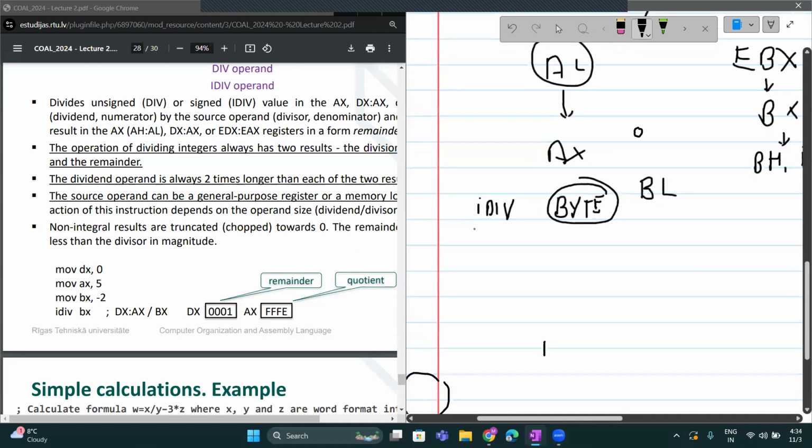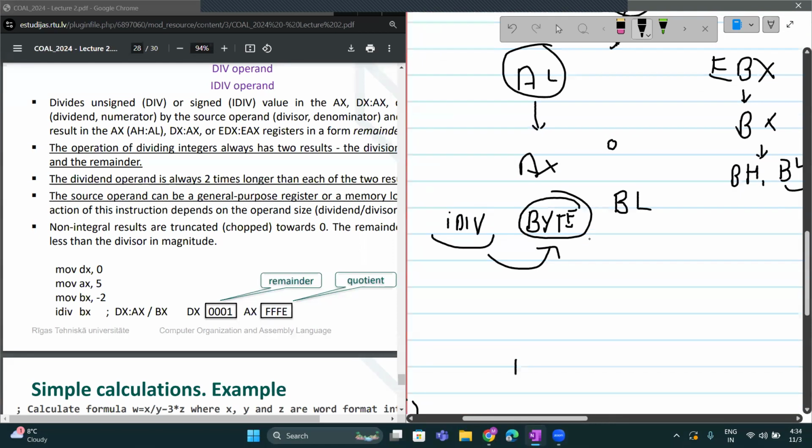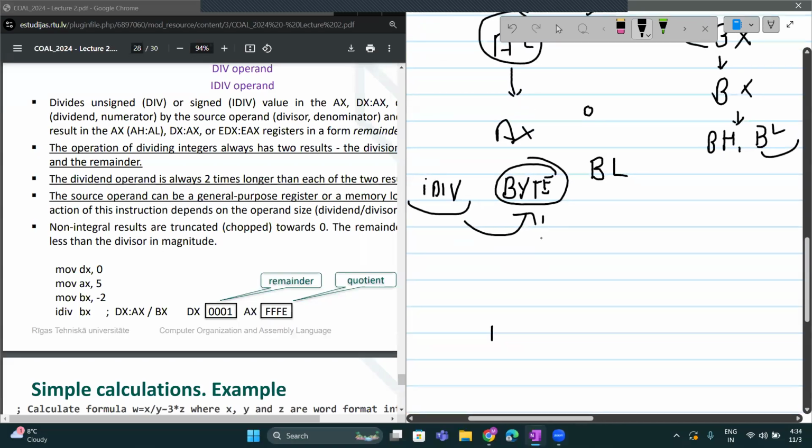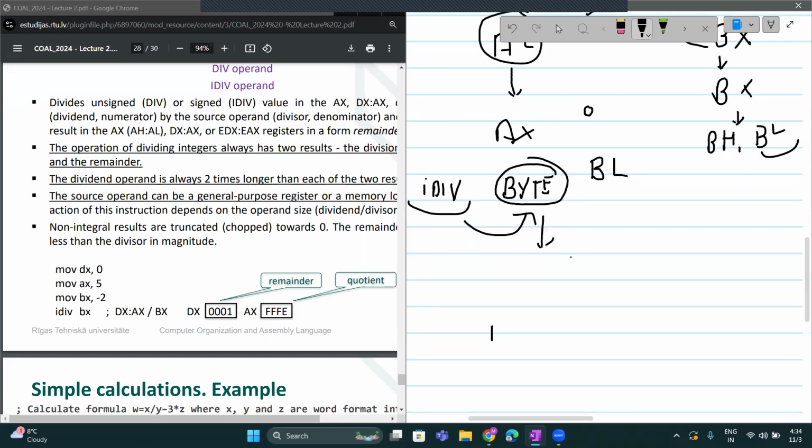So if we divide something with this byte, it will always divide it with another byte, which is in the form of AL.